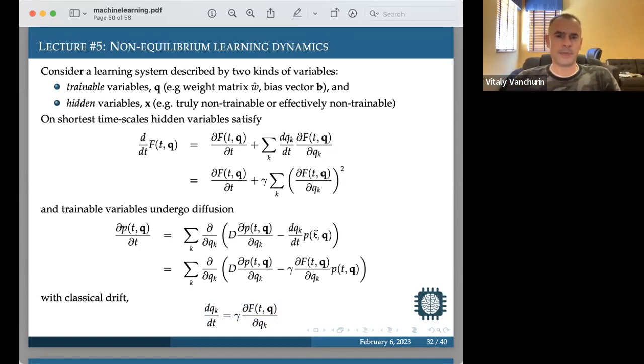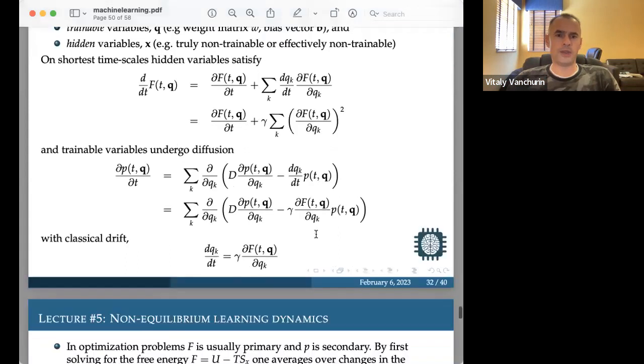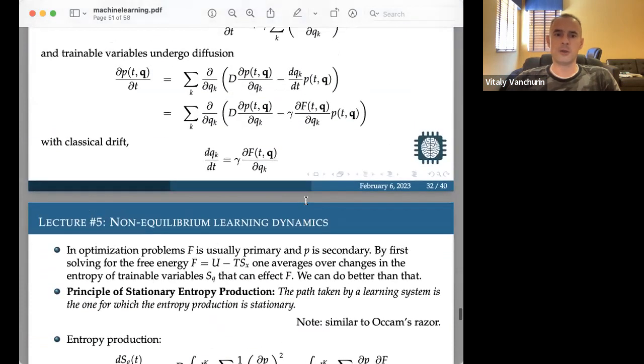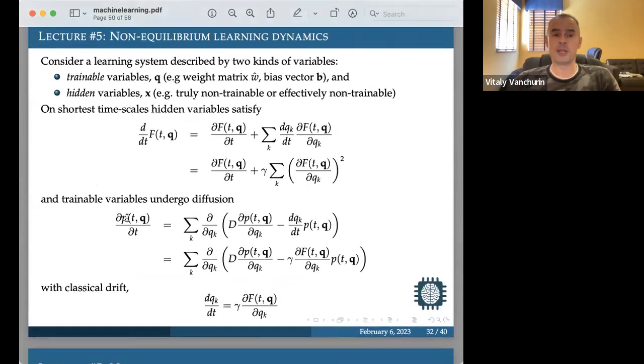Okay, now the first important comment to make here is that the dynamics for P and F are coupled. In the diffusion equation, usually you have F predetermined, so it has no time dependence, and then you solve it and obtain your equilibrium distribution.